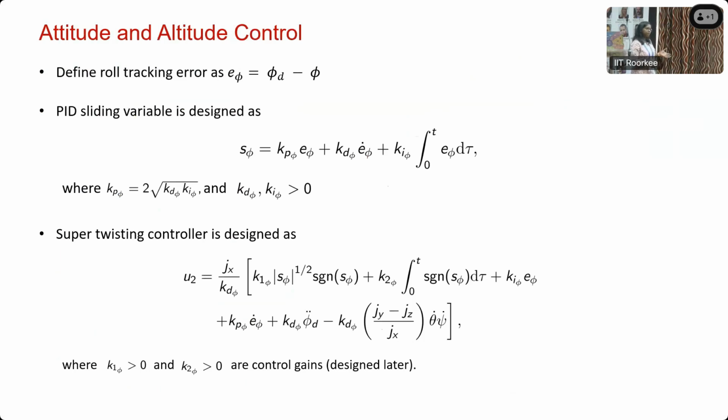And this is nothing but the super twisting structure. Of course, we have given this gain K depending on the upper bound on the differentiation of the disturbance, and this theorem gives us those gain values, and this makes the variables S1 and S2 go to 0 in finite time.